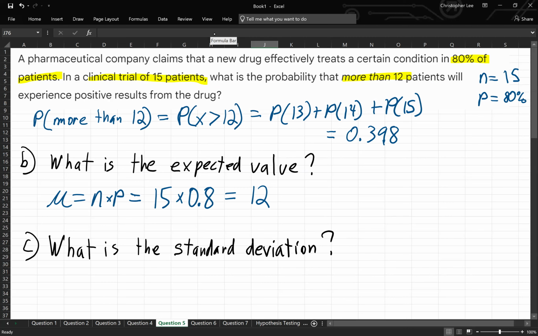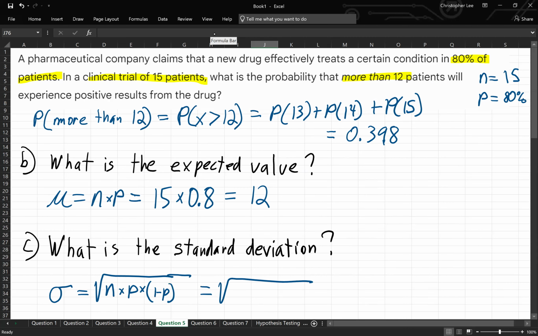Next question said, what is the standard deviation? Standard deviation is sigma is equal to the square root of N times P times 1 minus P. Again, I'm not making this up. This is in chapter 6 on your formula sheet. All right. Plug in the numbers.